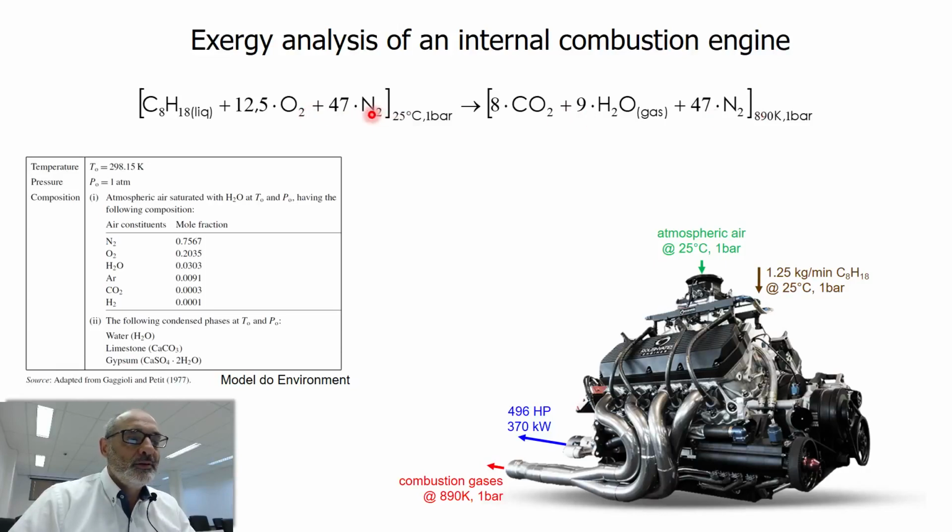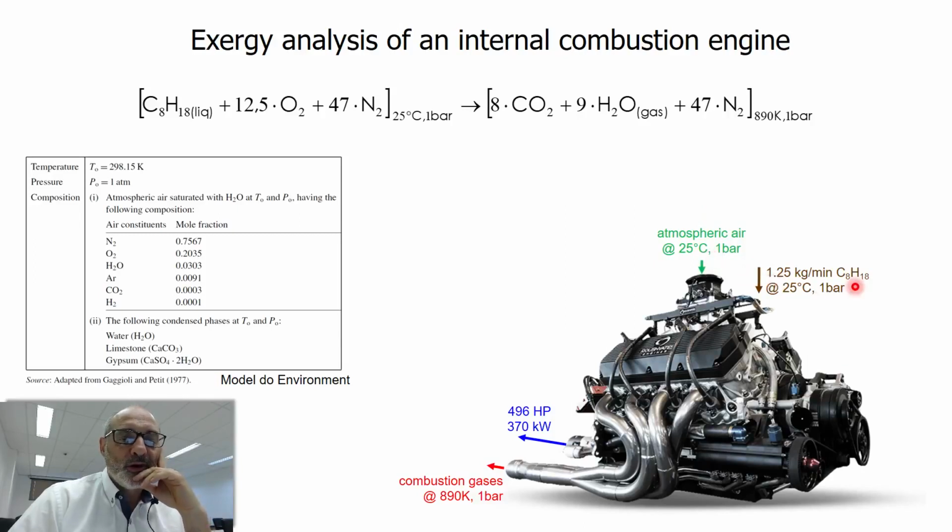So all reagents enter at 25 degrees and 1 bar, and at the exit we have 1 bar and 890 kelvin. So the temperature increases, and the pressure is the same. So this is given: combustion gas at 890 kelvin, 1 bar; atmospheric air at 1 bar, 25 degrees.